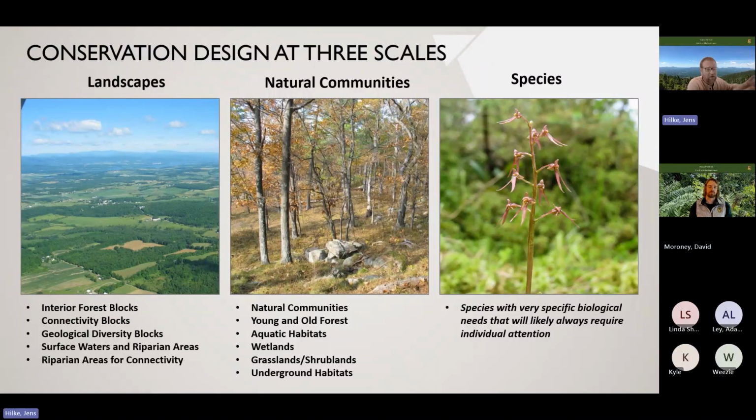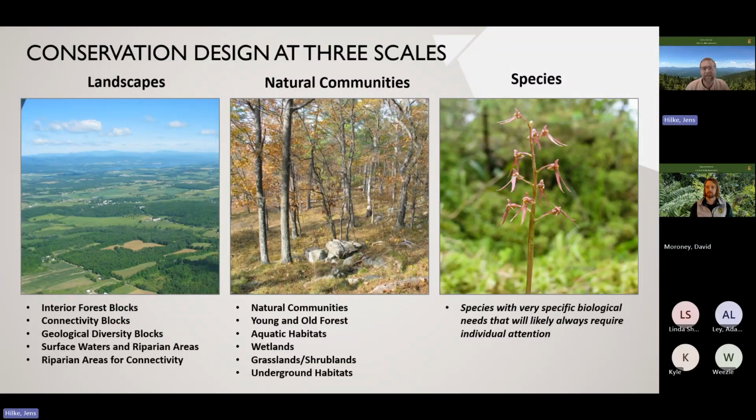But then you can also turn on and understand the natural community scale. Things like natural communities, young and old forests, aquatic habitats, wetlands, grasslands, shrublands, that sort of thing. Or even the species scale, things like rare, threatened, and endangered.